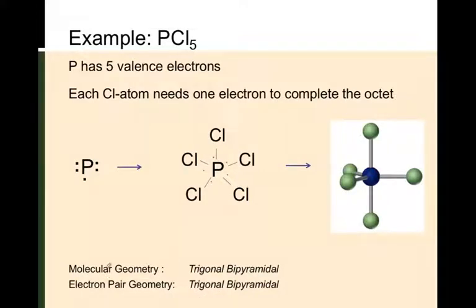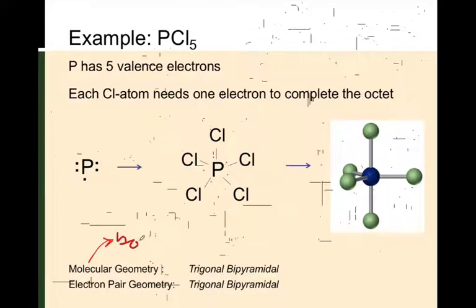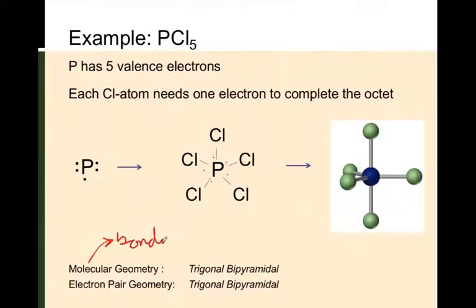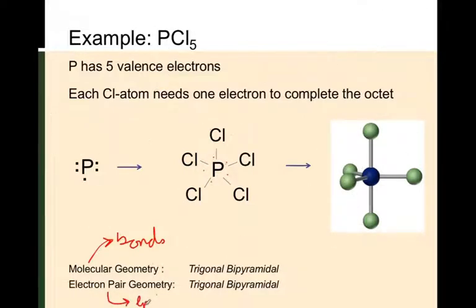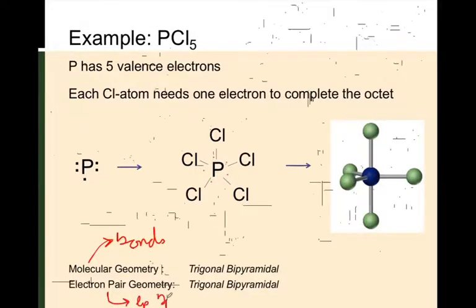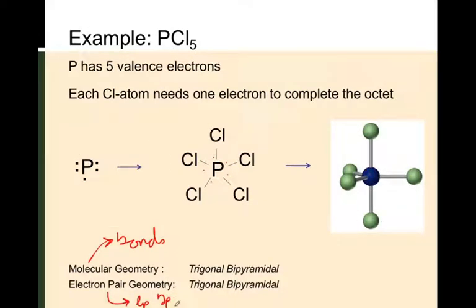So both the molecular geometry and the electron pair geometry are trigonal bipyramidal. The molecular geometry only considers the actual bonds of the molecule when determining what geometry it adopts, whereas the electron pair geometry looks at both the lone pairs and the bonding pair electron domains. So it looks at where all of the electrons are around the central atom.